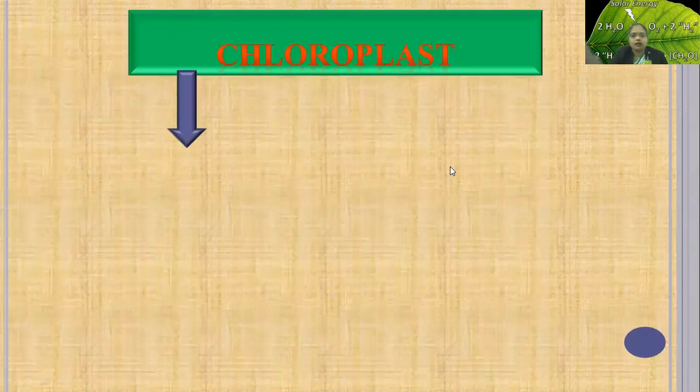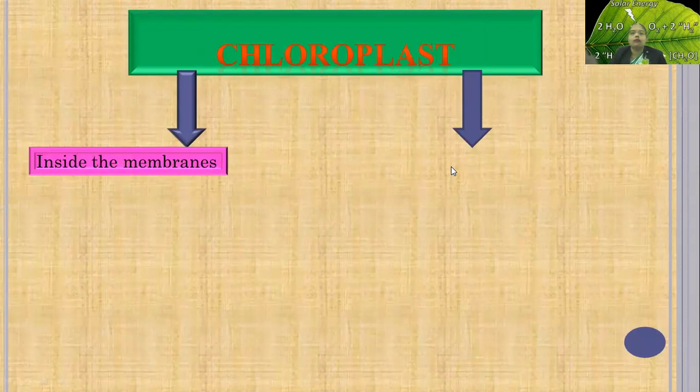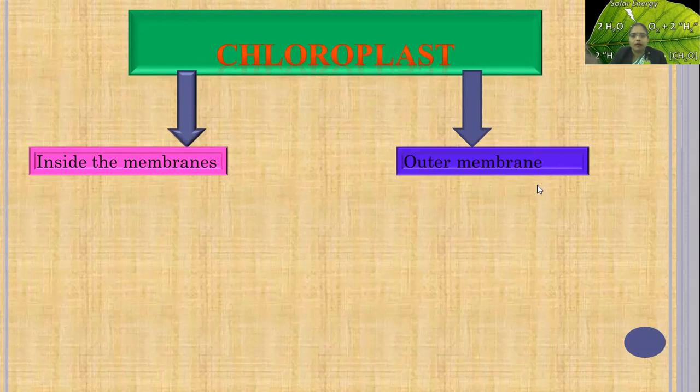Then the chloroplast is made up of two structures, because the chloroplast is a membranous structure: an inner membrane and an outer membrane. It has a double membrane. First is the inner membrane.